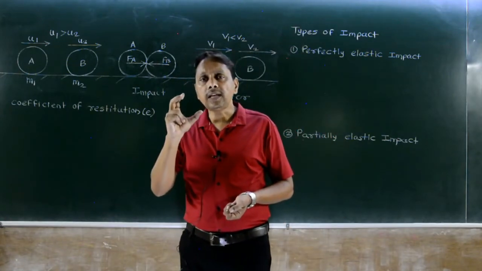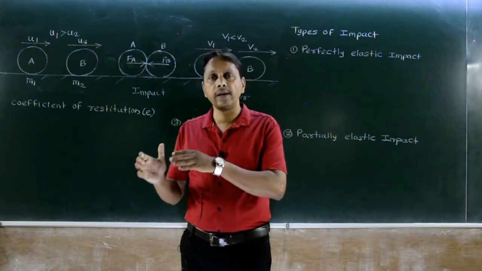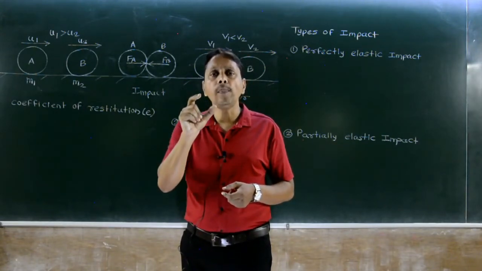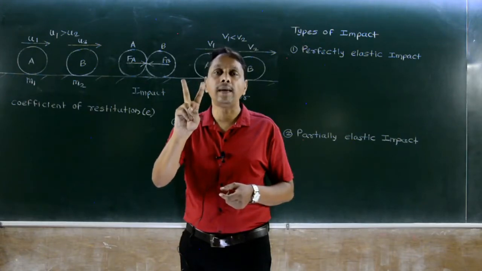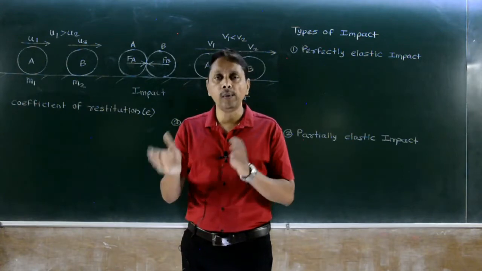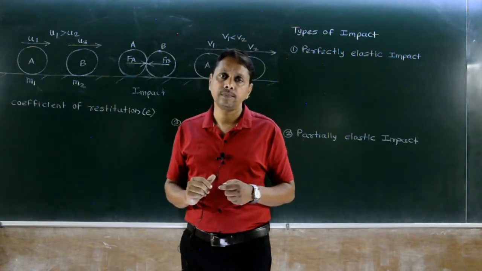So the time in which they come in contact and separate is the time of impact. That time of impact consists of two times, or we divide that time of impact into two times.